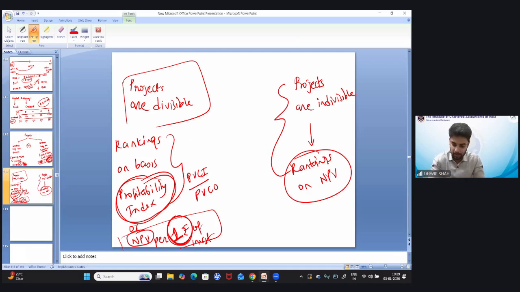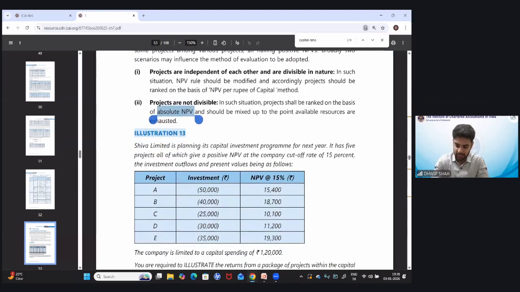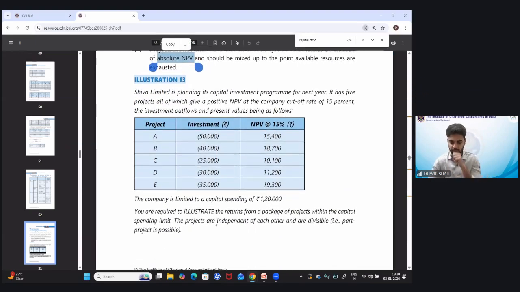It is not written here, but both will throw the same results. If you follow profitability index, the same ranking will come. If you do NPV per 1 rupee of capital, the same ranking will come. And if projects are not divisible, go with absolute NPV method. Okay? Rank on the basis of absolute NPV. So with this background, let's solve illustration 13.